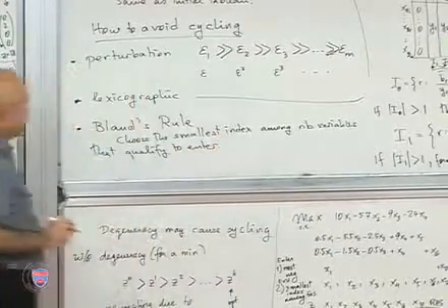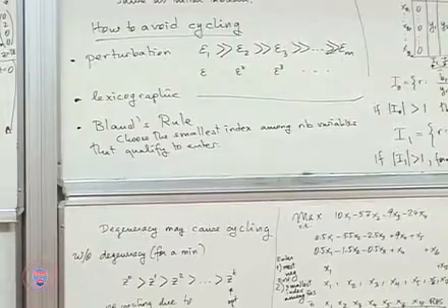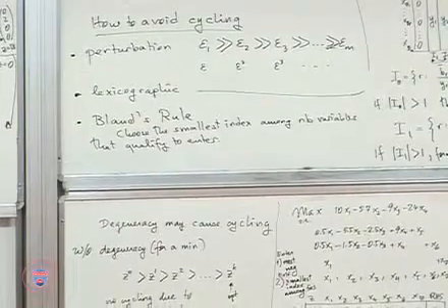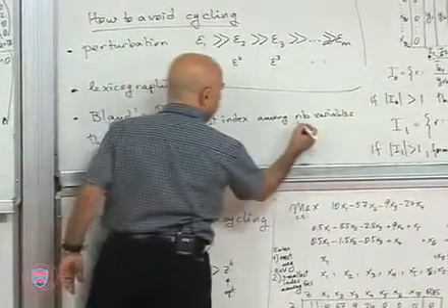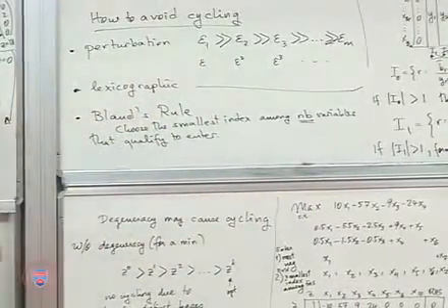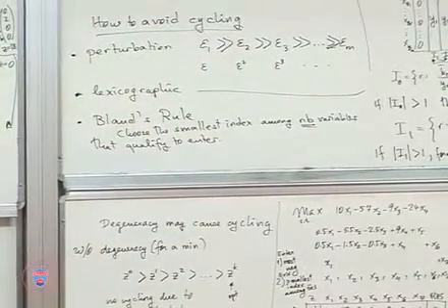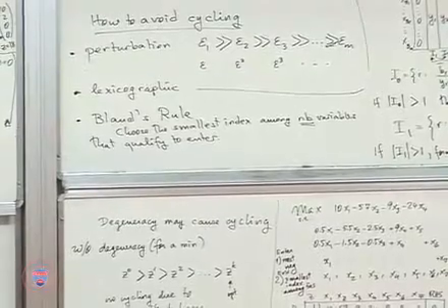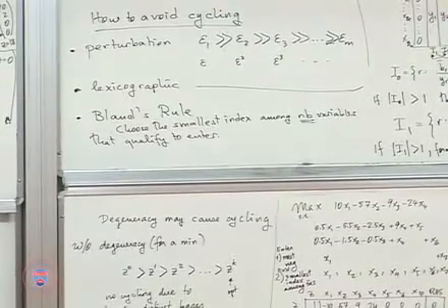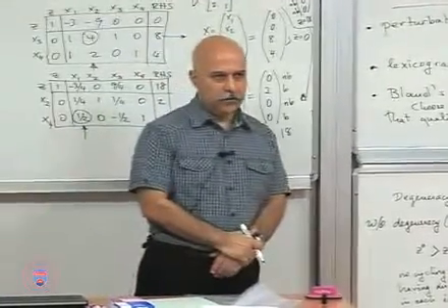So choose the smallest indexed variable among all non-basic variables. Among all non-basic variables that qualify to enter, which means these are the variables that have positive reduced cost for a minimization problem.